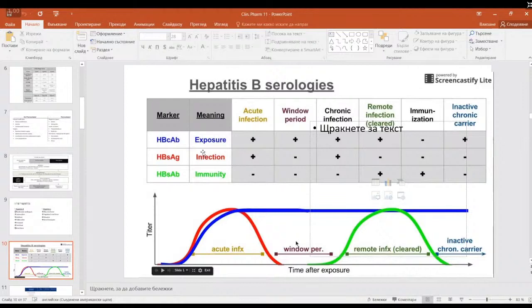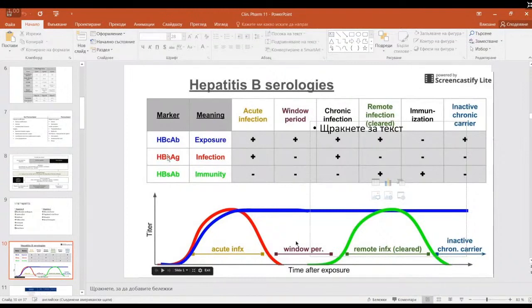And according to these results, whether the patient has antibodies against the core antigen or against the surface antigen, you can determine whether the patient has been immunized, and that's why the patient has antibodies, or whether the patient had been exposed to the virus, and that's why has antibodies.